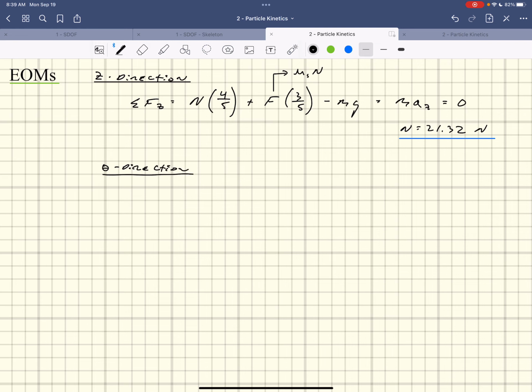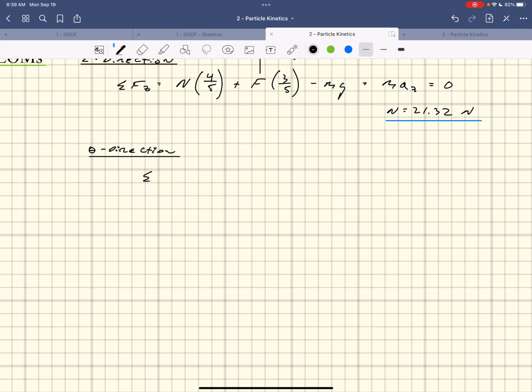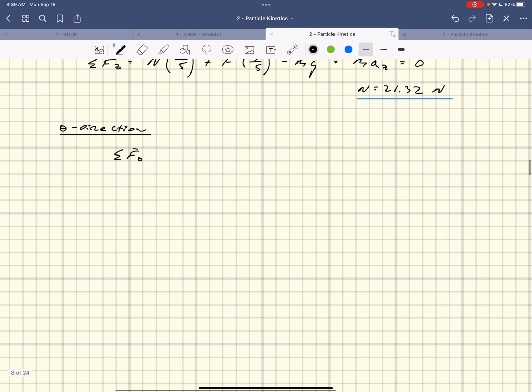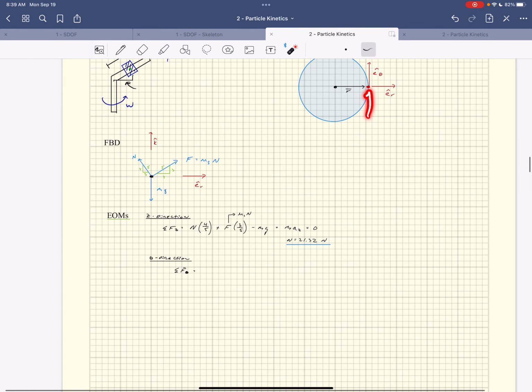Theta direction. Sum of the forces in the theta direction is equal to, well, we didn't really put it, there could be a force. There could be a force in the theta direction, right? Something pushing it like that.